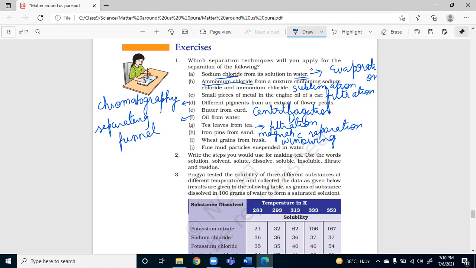I'm getting a very feeble voice from your side. Ma'am, can we use the word separation? You want to use just separation instead of winnowing? Ma'am, is it correct? I'm just asking. No, that is incorrect. Use the technical word, that is winnowing. Winnowing is the technique. Okay.